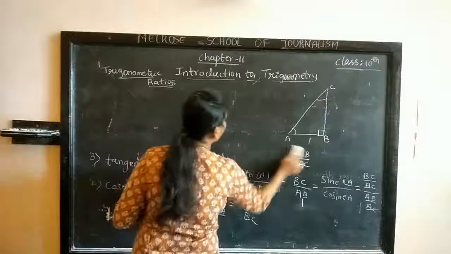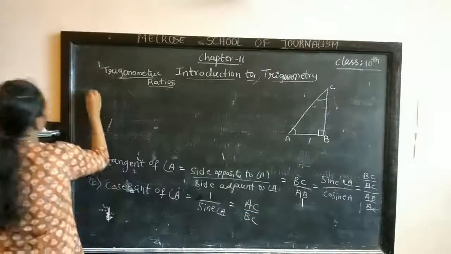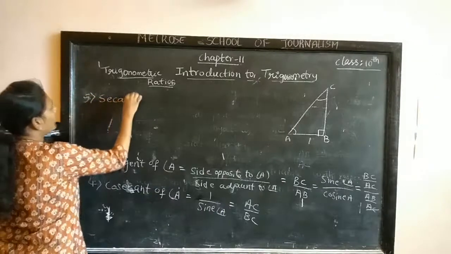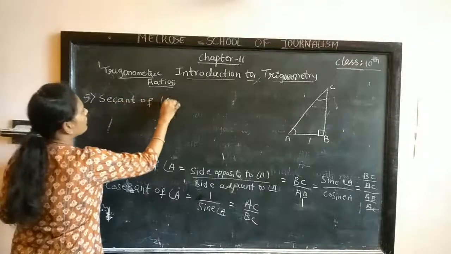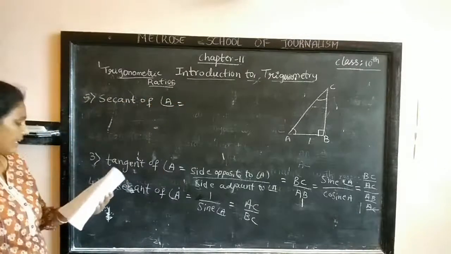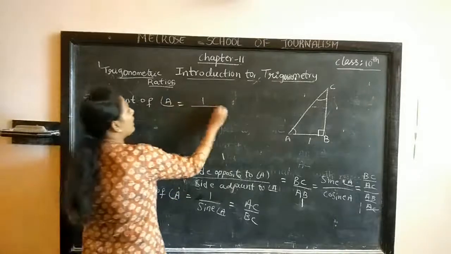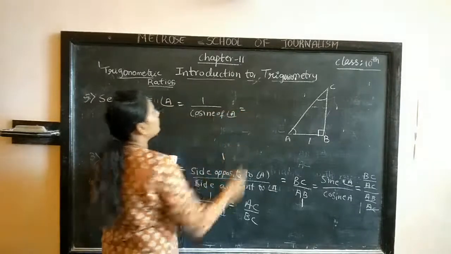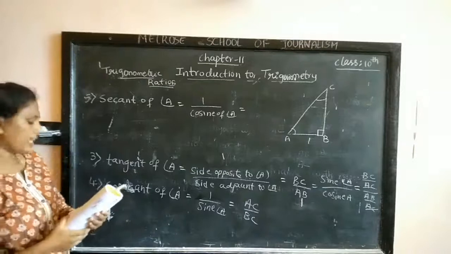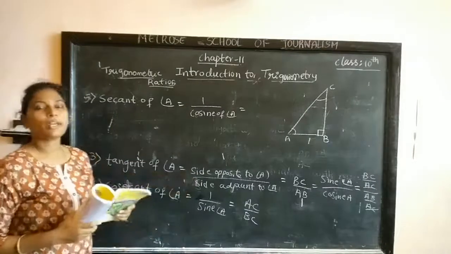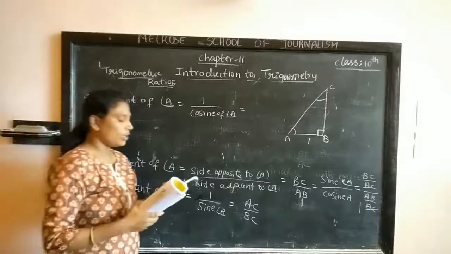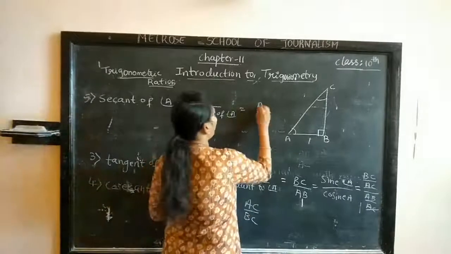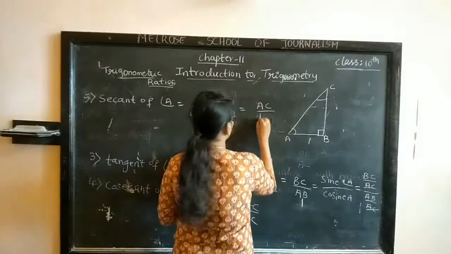So the fifth trigonometric ratio is secant of A. Secant of angle A is nothing but 1 divided by cosine of angle A, the reciprocal of cosine A. What is cosine A? You got AB by AC. Reciprocal of AB by AC is AC by AB.